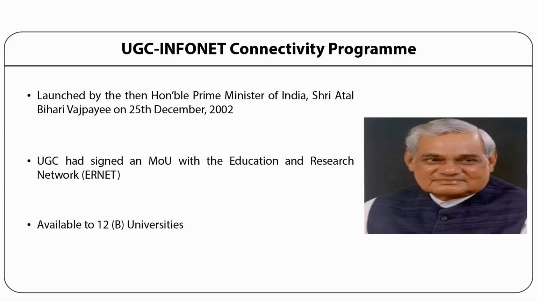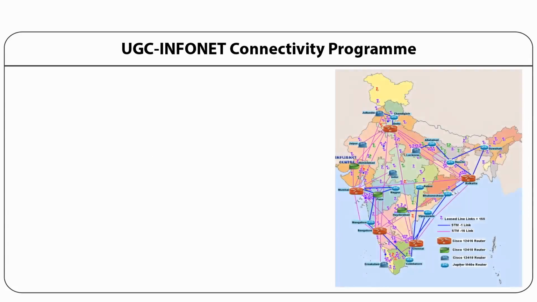In the UGC-INFONET connectivity program, the INFONET Center acts as a coordinating agency for monitoring the network and internet bandwidth provided to the universities. It also liaises between ISPs and universities. The UGC constituted a Central Connectivity and Monitoring Committee, known as CCMC, for monitoring the activities of the program.